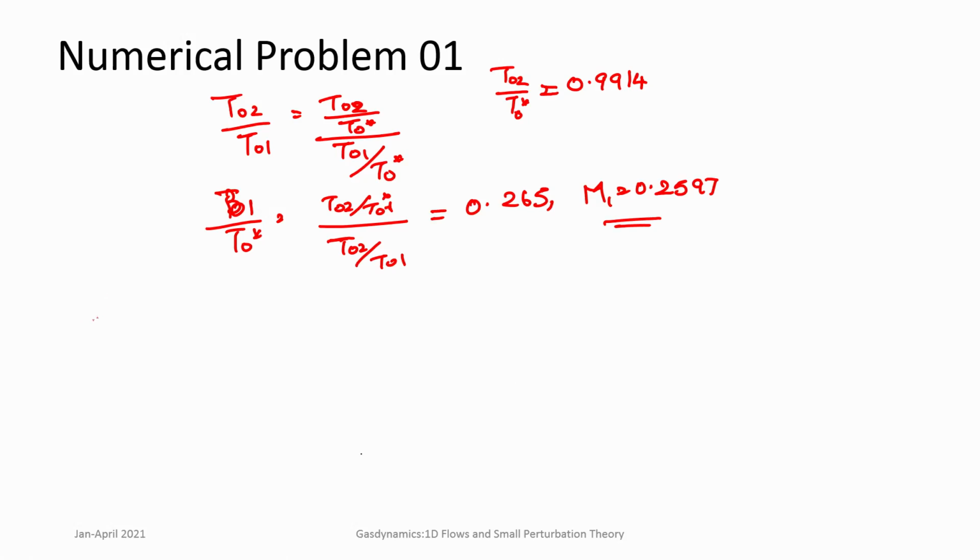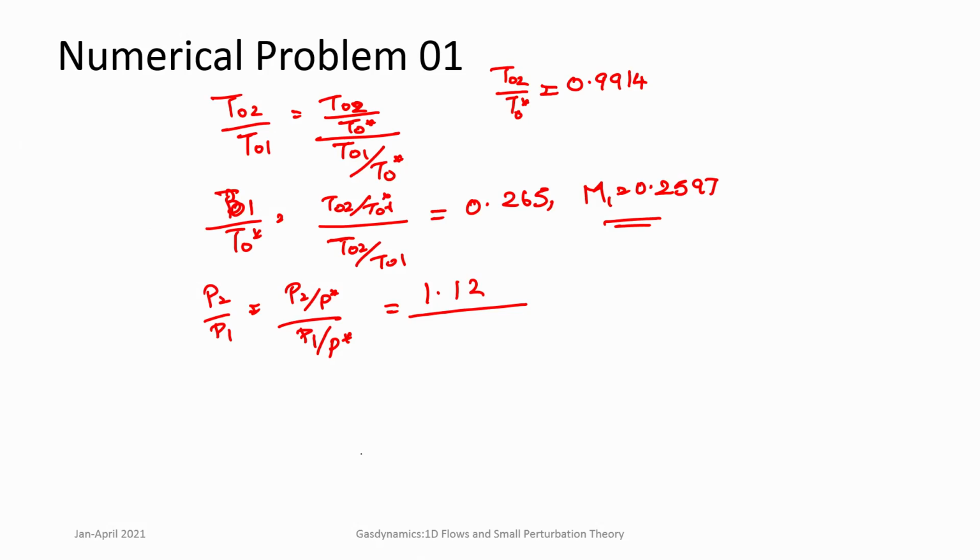So, we now have the value for the Mach number, 0.2597. Now, how do we get the pressures and the temperatures at the entry? For that we need P2 by P1. This is P2 by P star divided by P1 by P star for the Rayleigh flow, and P2 by P star is known for this particular case, 0.9. So, P2 by P star is 1.12 divided by P1 by P star for the Mach number 0.2597.